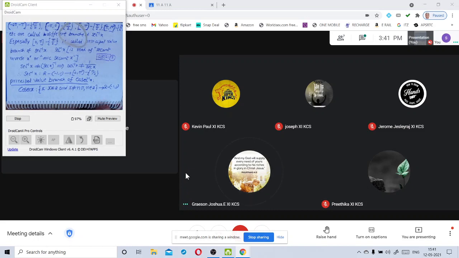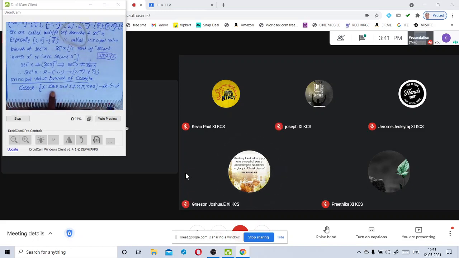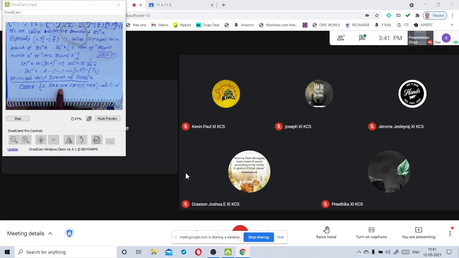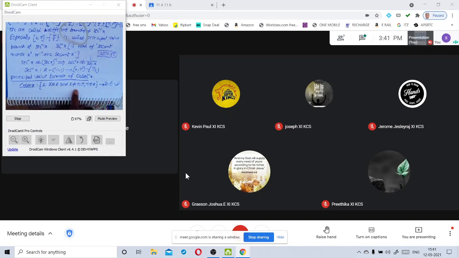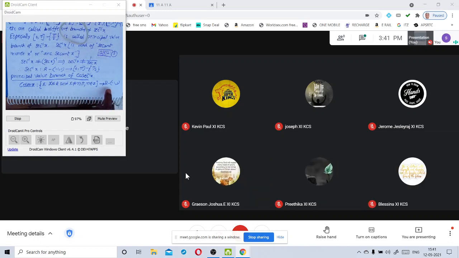Yes, sir. So this is the domain of cosecant x, set of all x such that x belongs to R and x is not equal to n pi. The x value should not be a multiple of pi. And its range is R minus the open interval minus 1 comma 1.